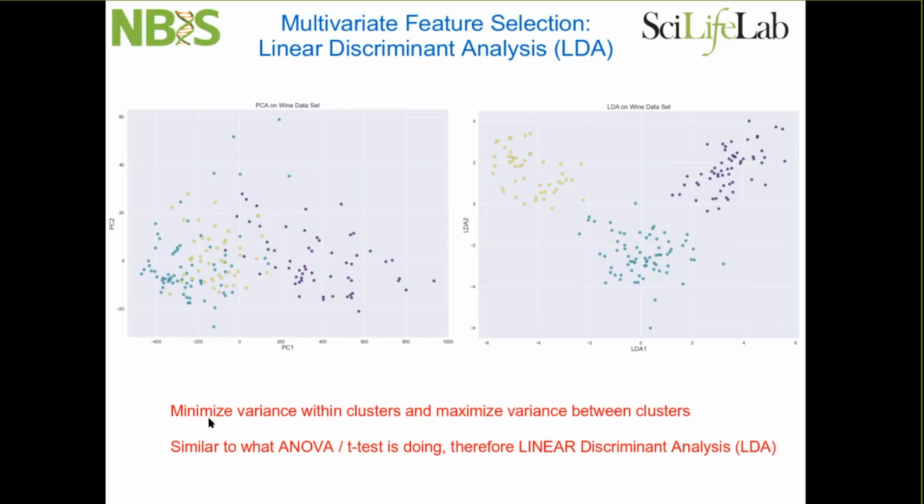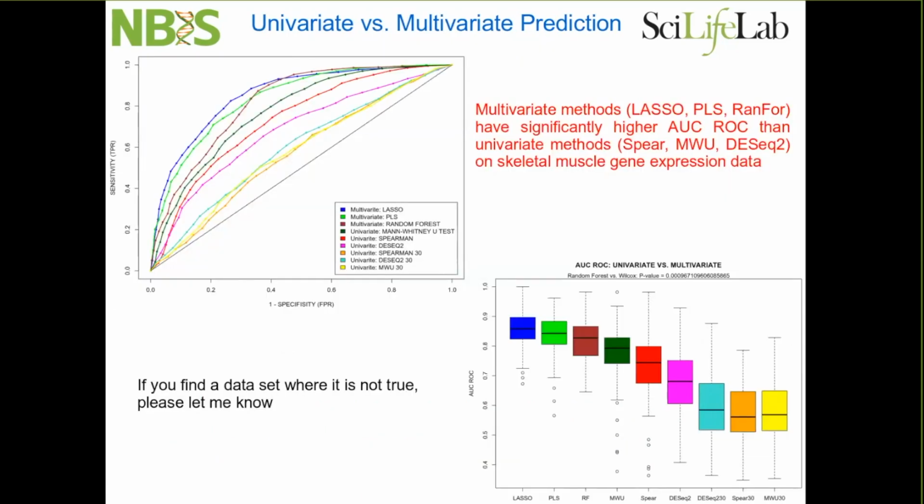But it does it technically through minimizing variance within clusters and maximizing variance between clusters. So if you think deeply about it, you can see a lot of similarity with PLS. Essentially, it's all about the same. So LDA, PLS, and Lasso are conceptually doing very similar things. That's why they can be used interchangeably, and they often result in very similar sets of features.